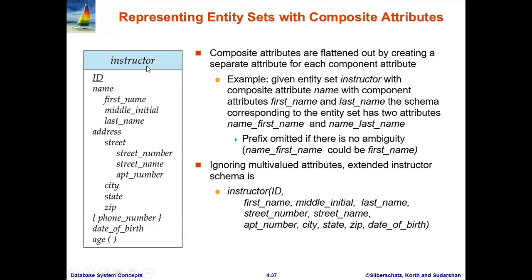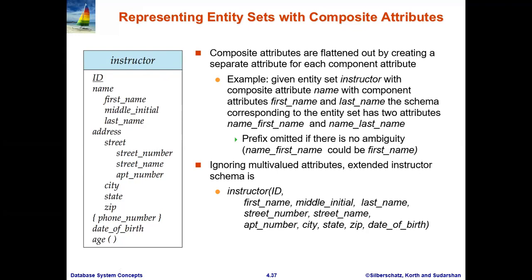All these are represented in instructor, where all types of attributes are shown with their names and notation. So this entire instructor rectangle represents the entity with its different types of attribute representation.